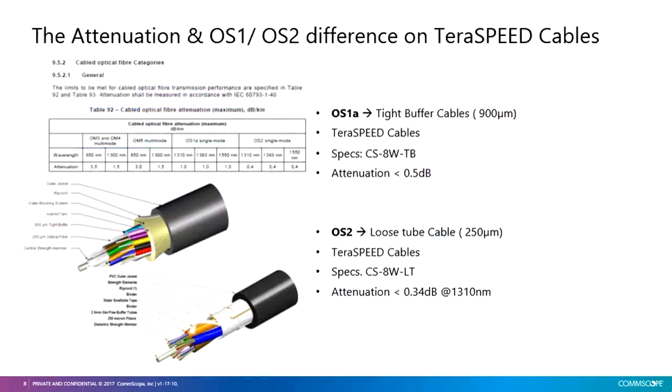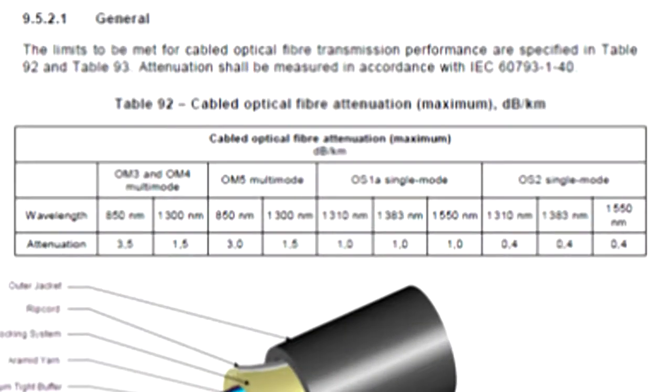When it comes to single mode, there is always the discussion: what is OS1, what is OS2? You can see the table over here. This table is extracted from the IEEE standard. Here you can see OM3, OM4 multimode as well as OM5 multimode losses. It's around 3.5 and 1.5 dB for OM3 and OM4, and for OM5 it's around 3 dB and 1.5 dB.